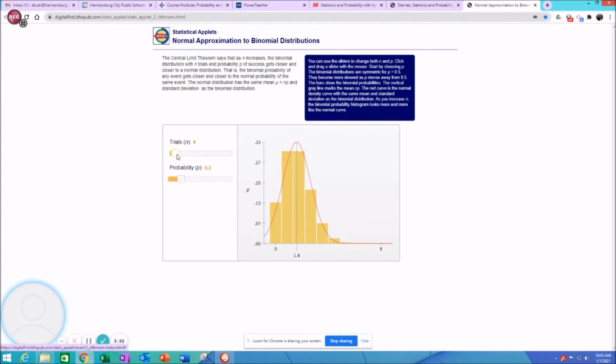So we can say it's approximately normal if we get to the point where it fits pretty well. The idea is we need the number of successes and the number of failures to be at least 10. If that is true, then I can say it's approximately normal, and then I can use a normal distribution on Desmos.